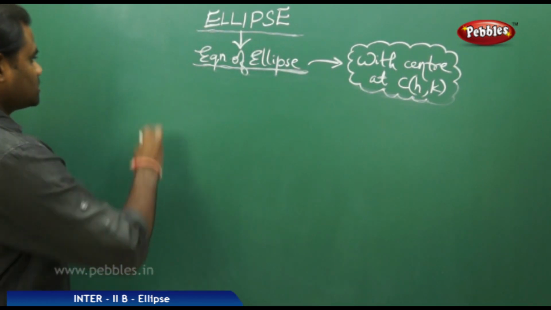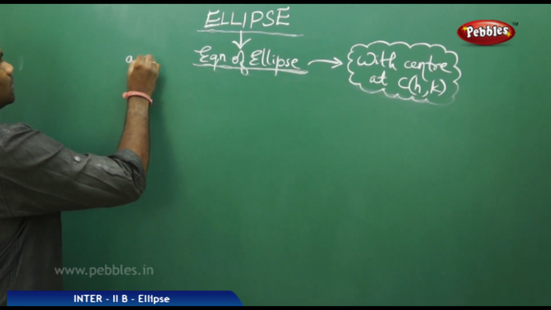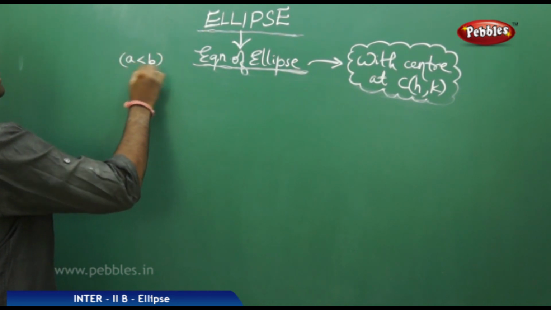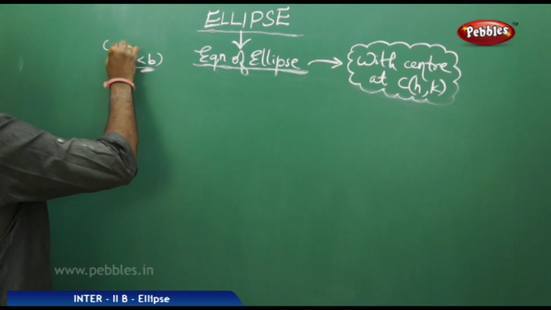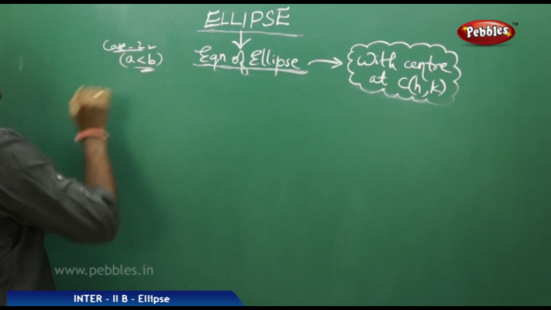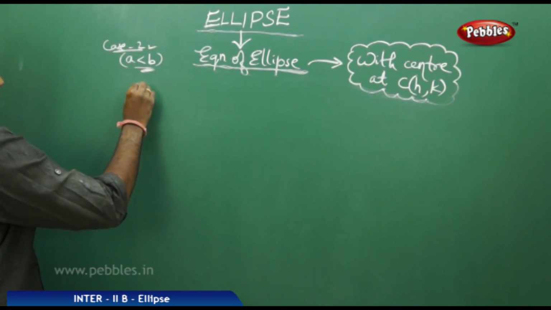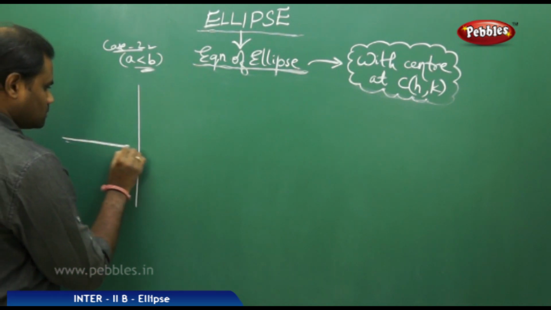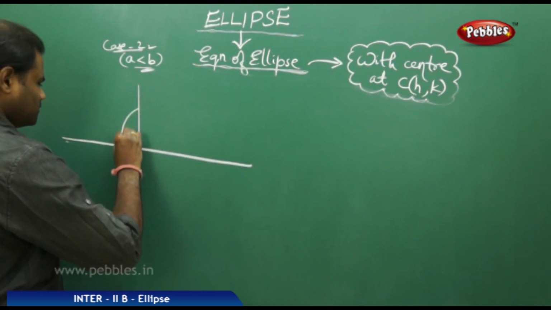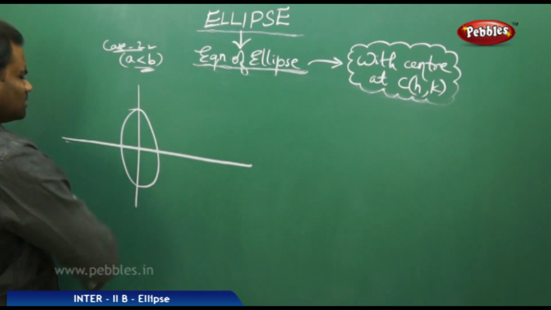Now let's take the case of a less than b. So in case 2 of a less than b, I have my ellipse which goes like this.